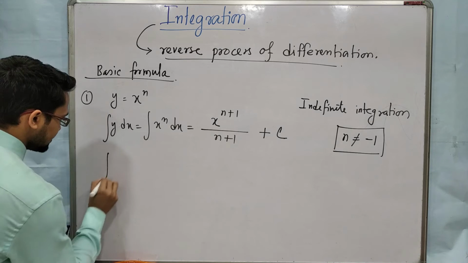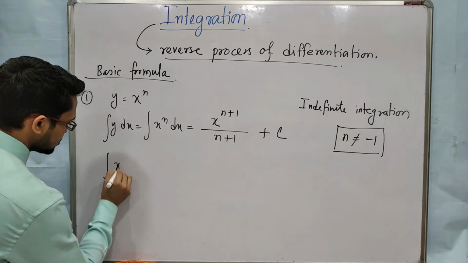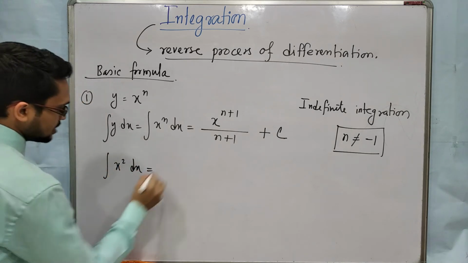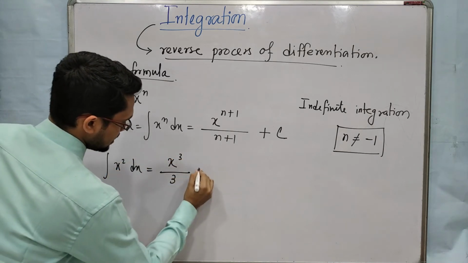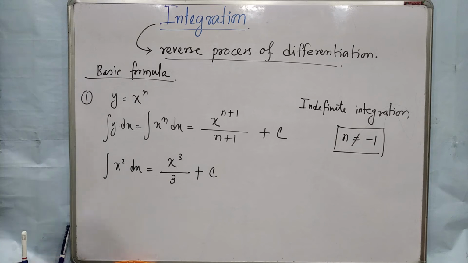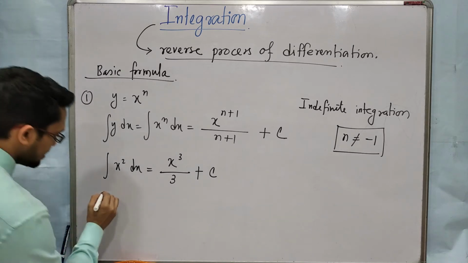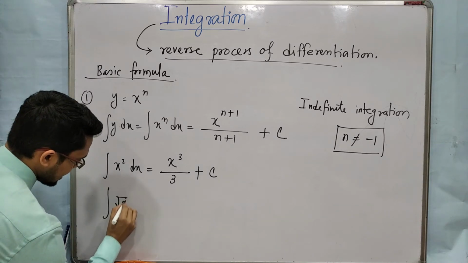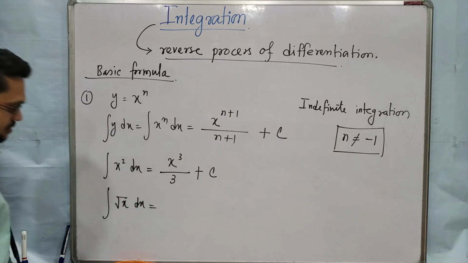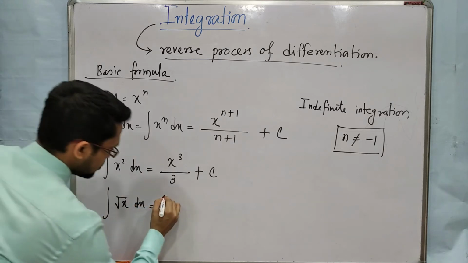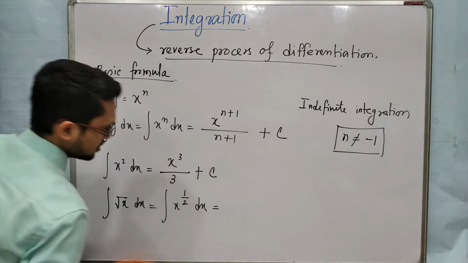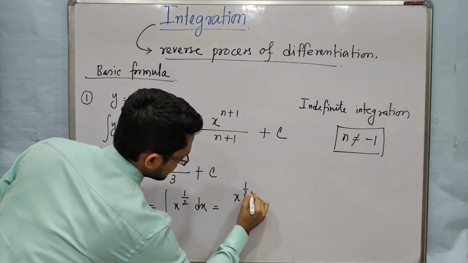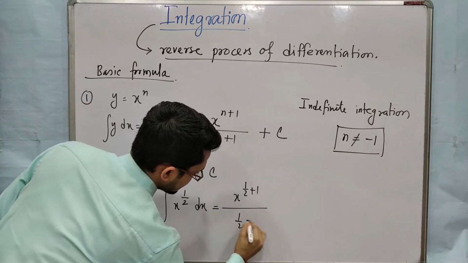Suppose integration x to the power 2 dx, then it will be x to the power 2 plus 1, 3, by 2 plus 1, 3, plus c. Take another one, integration root x dx. Root x means x to the power half dx equal to x to the power half plus 1 by half plus 1.